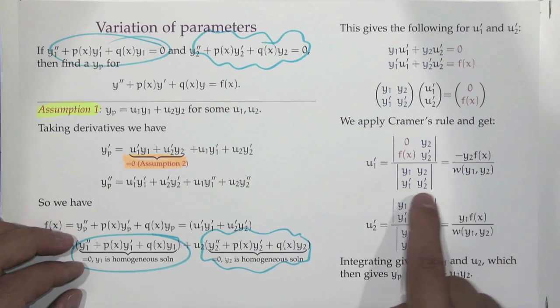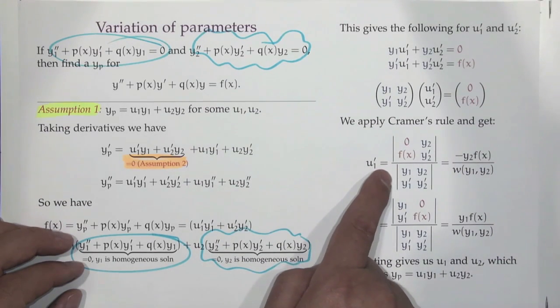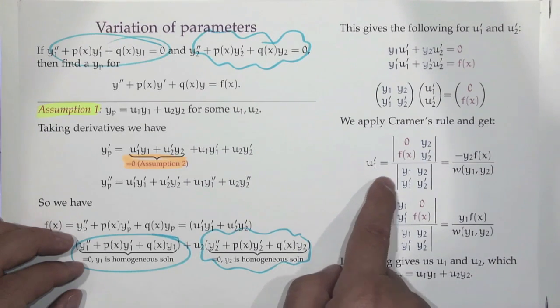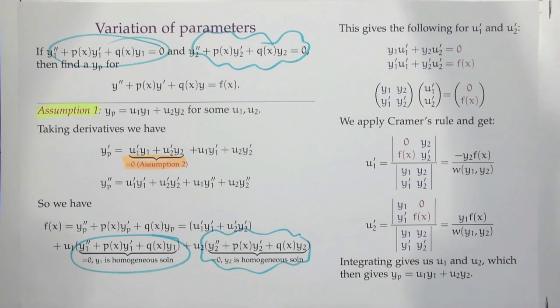Wronskian. Because what do you see? Well, it's the functions y1, y2, and then it's the derivatives, y1 prime, y2 prime. So the Wronskian shows up. Now, you say, okay, great. But that's u1 prime. What do we want? We want u1. So how do we get u1?